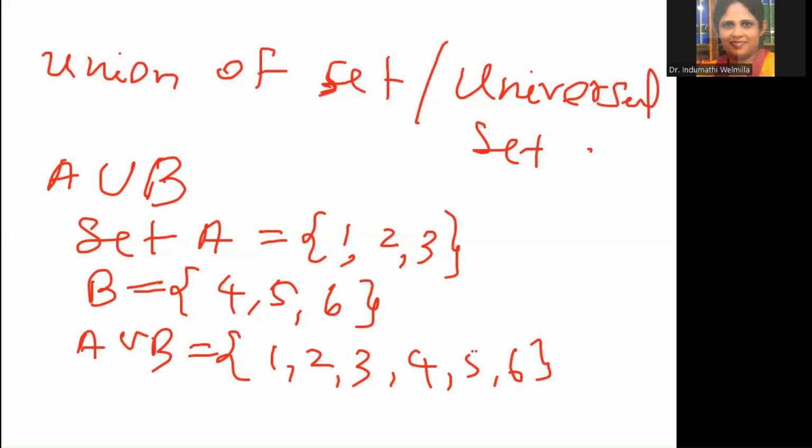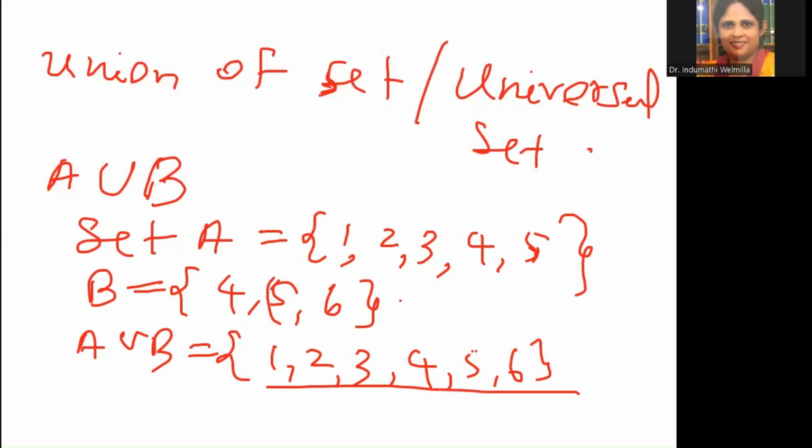When we represent this, set A has more values like 4 and 5, and then set B is this one. In our union of sets, there is no need to put the same element twice, even though 4 is here and 4 is here. You put it just one time.